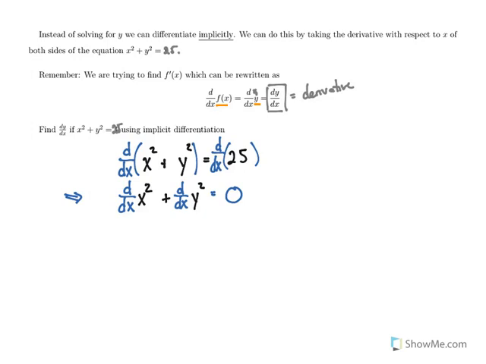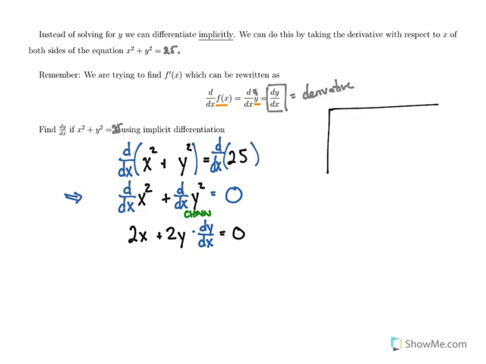So the derivative of x squared is going to be just 2x. And then we did the derivative of y squared before. Remember, we have to use the chain rule. This derivative is going to be 2y times the derivative of y, dy/dx. And this is all going to be equal to 0.